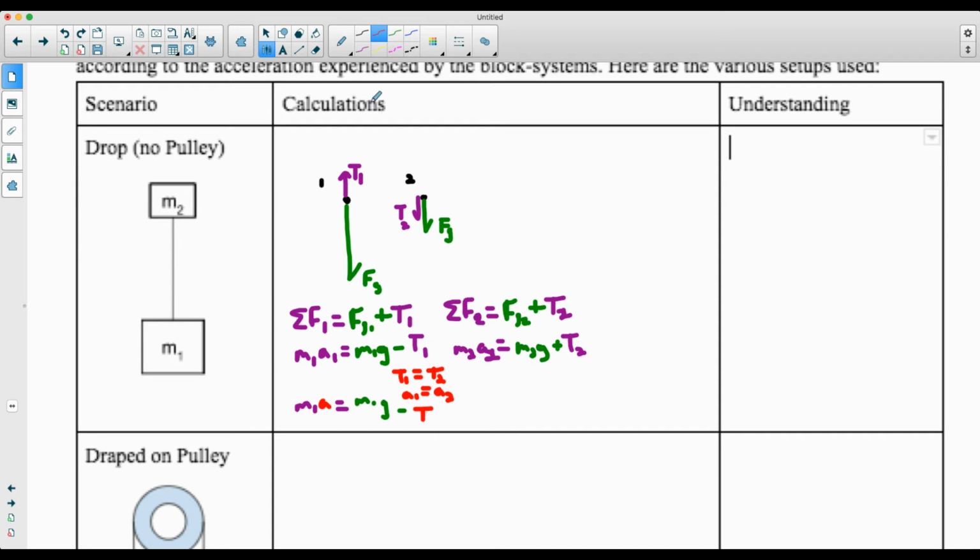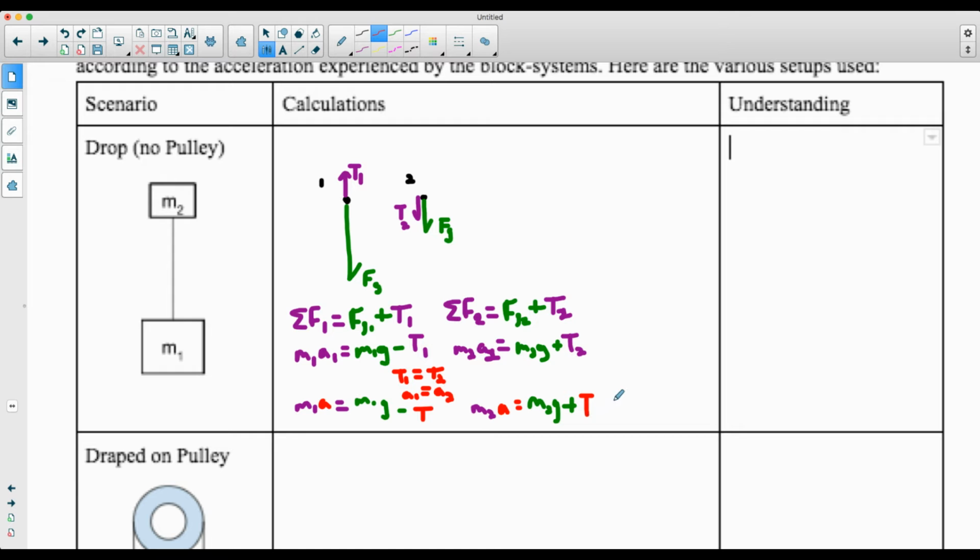And on this side we have something similar: m2 times the acceleration that both experience equals m2g plus the plain old tension that both experience.